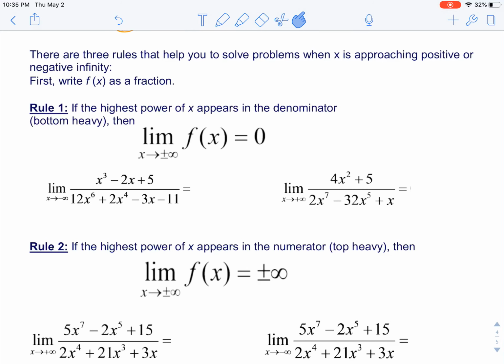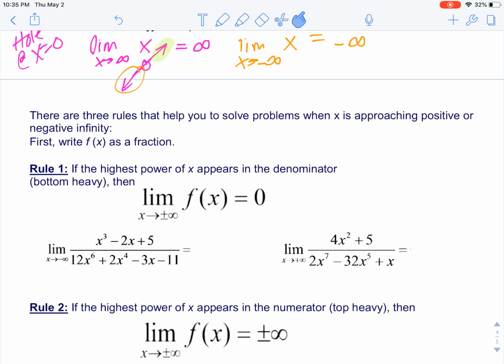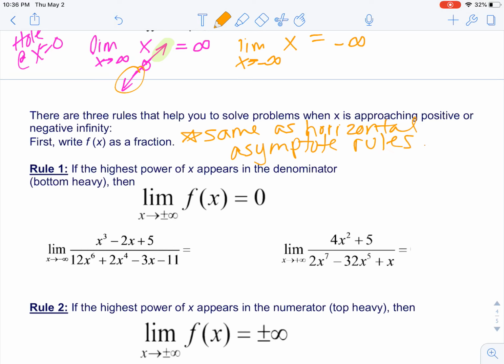Okay, so here are our 3 rules, and they're the same as the horizontal asymptote rules. So good refresher from the beginning of the year. If the highest power of x appears in the denominator, so if it's bottom heavy, like J-Lo, it's going to approach 0.